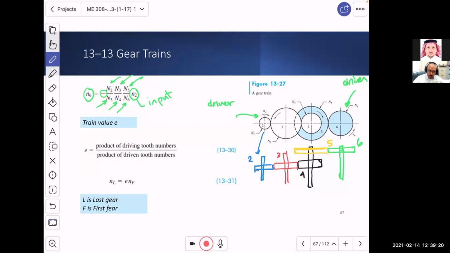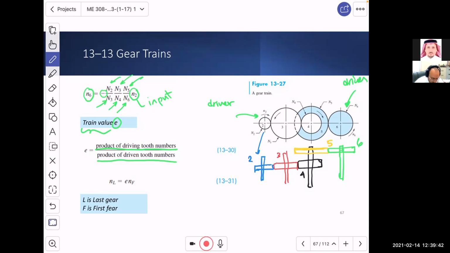So we are going to introduce train value E. What is the train value E? It is the product of the driving tooth numbers divided by the product of the driven tooth numbers. So if you look over here, what do you see?